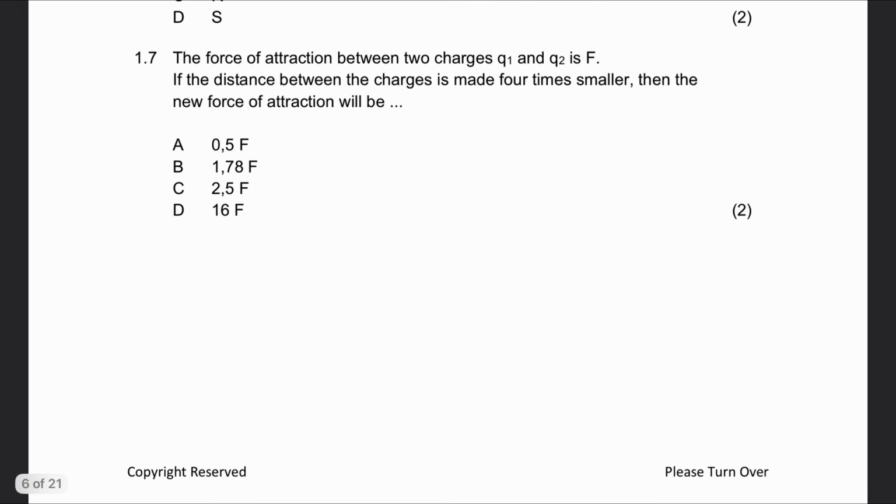Question 1.7. The force of attraction between two charges Q1 and Q2 is F. If the distance between the charges is made 4 times smaller, then the new force of attraction will be what? We'll say that F is equal to K Q1 Q2 over, and what they've done is they've made the distance 4 times smaller. So essentially a quarter r all squared.